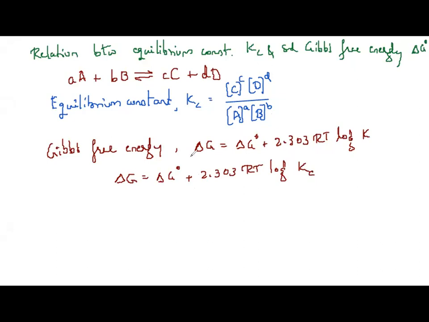This Kc expression can also be written as Kc is equal to a_C raised to c into a_D raised to d upon a_A raised to a into a_B raised to b. So what does a represent? It represents the activity of the reactants and products, and activity is a unitless quantity.